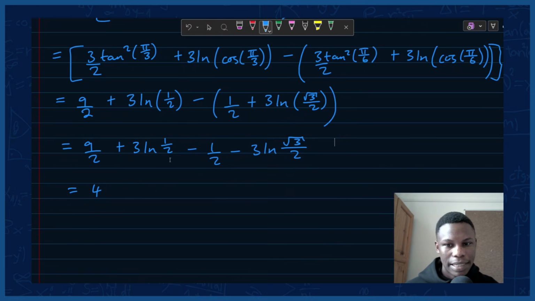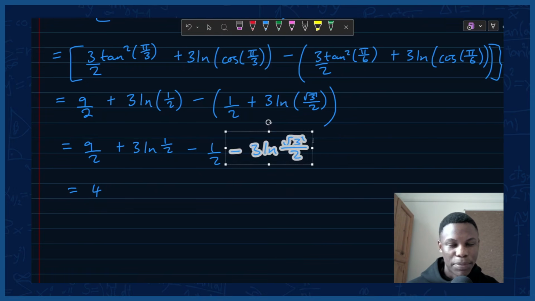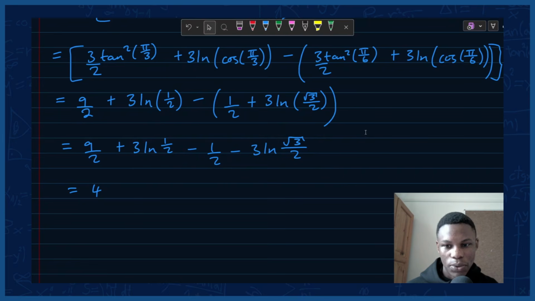Using laws of logarithms, I've got 2 logarithms that are subtracting, so I can combine them into one and then divide. So 3 ln, and I'm going to do a half divided by root 3 over 2.